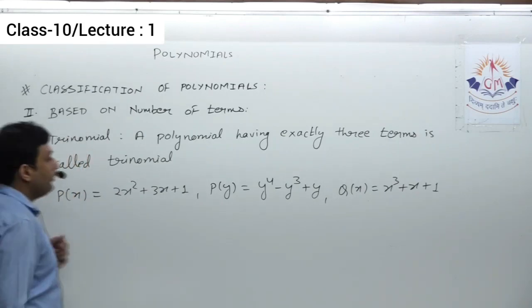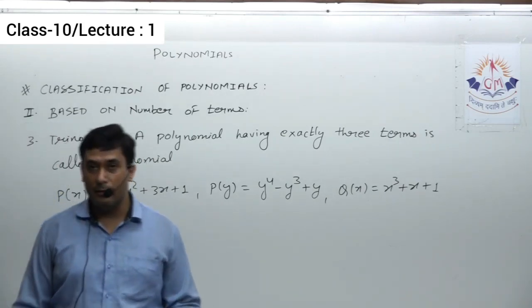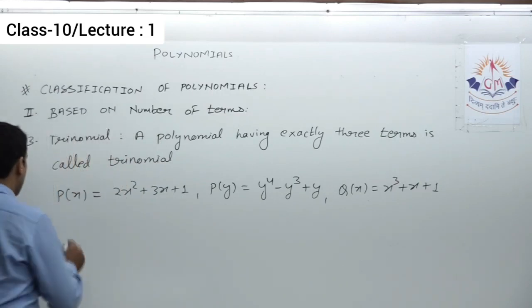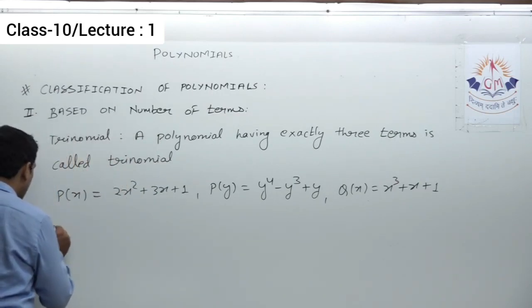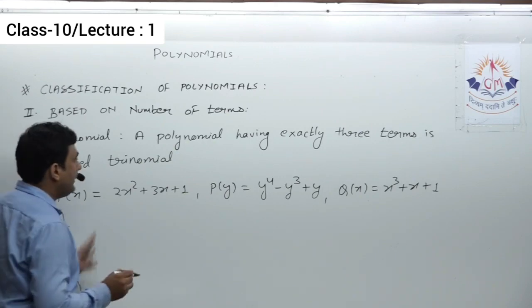Okay, now suppose a polynomial has more than three terms, then what? If a polynomial has more than three terms, we'll simply say it is multinomial.